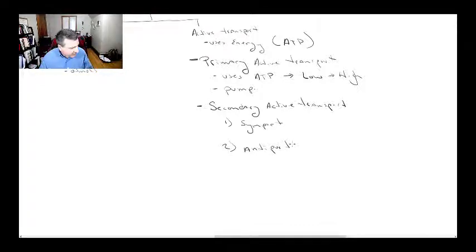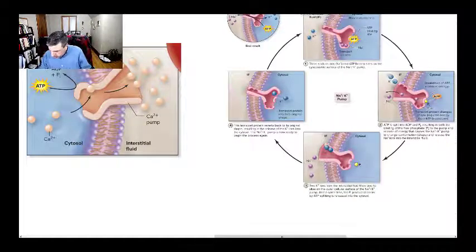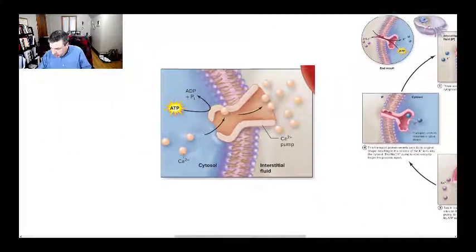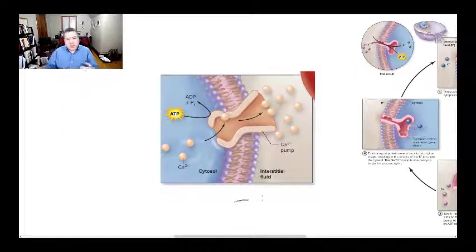So let's look at a couple of quick images here. Let me hide this, and let's look at a couple real quick images. So this first one here is a basic pump, okay? So these are calcium ions. Okay, how do I know they're calcium ions? Well, it says right here, calcium, those are ions, okay?